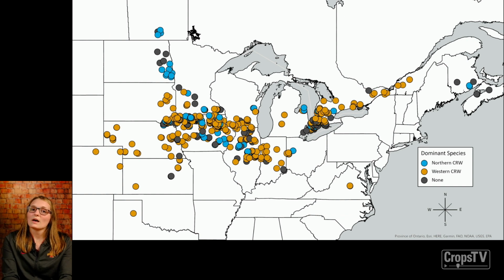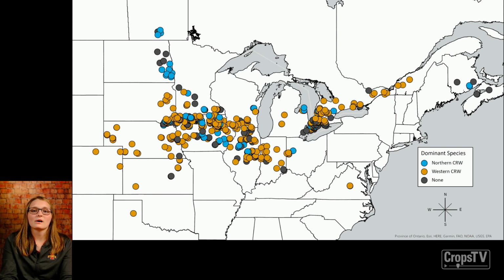Another thing that I wanted to look at and map is which species was reported as being the most dominant species. The way that I did this is, during the peak week at each site, so the week where the most total corn rootworm beetles were reported, which species represented more than 50% of the beetles.